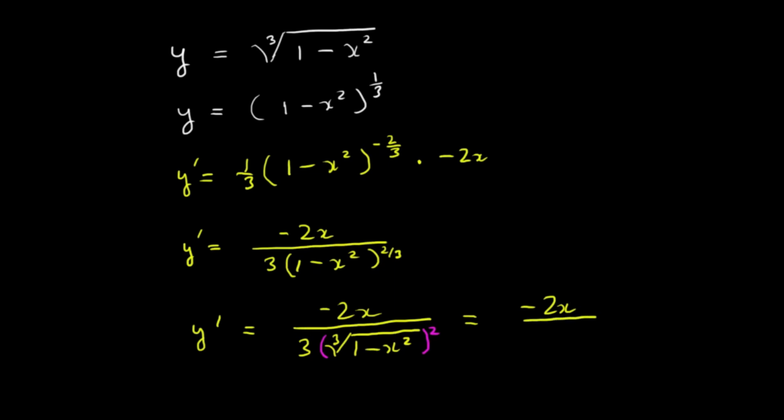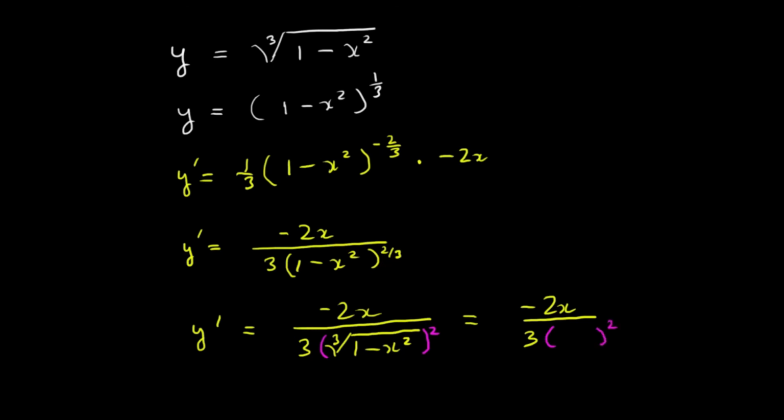Now, up until this point, you would never entertain rewriting your derivative once you have it, and it's a function of x. You can input x values, and you can get tangent slopes, of course. But remember, we're trying to set up implicit differentiation here. So if we realize that cube root of 1 minus x squared is just y, I guess I better write the rest of this first, that we really just have 3 times y squared on the bottom.